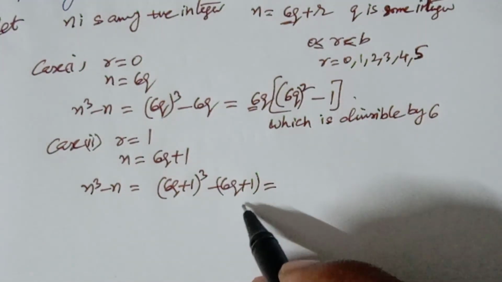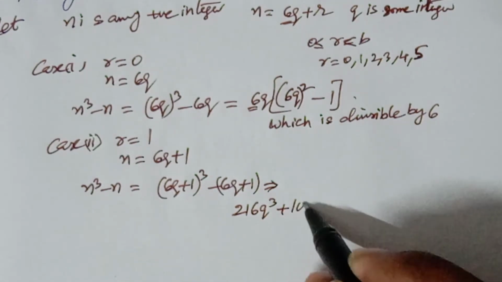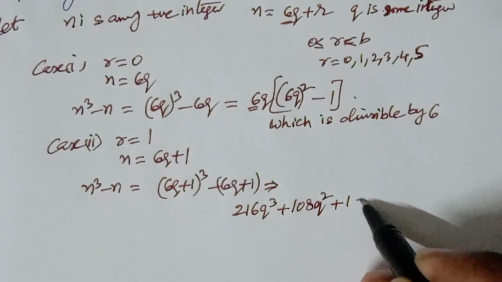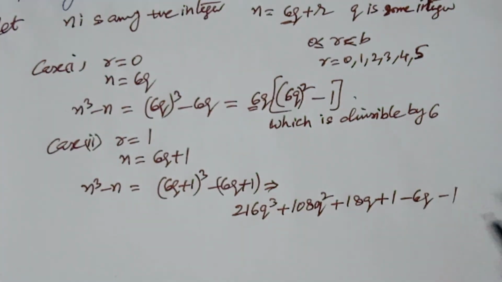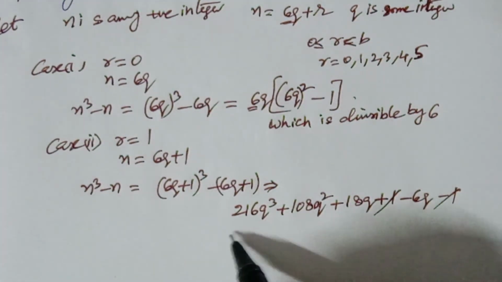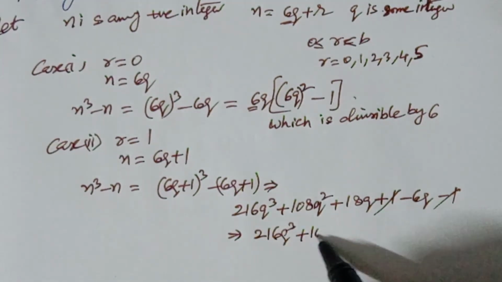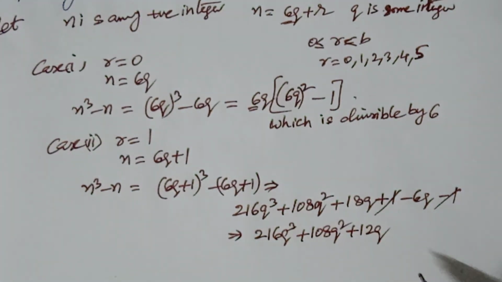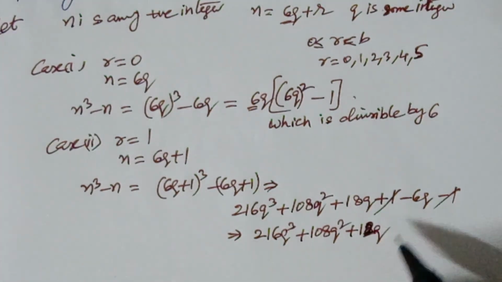Now if you open the bracket, 216q cube plus 108q square plus 18q plus 1 minus 6q minus 1. Plus 1 minus 1 cancel. So here we will get 216q power 3, 108q square, 18q minus 6q is 12q.